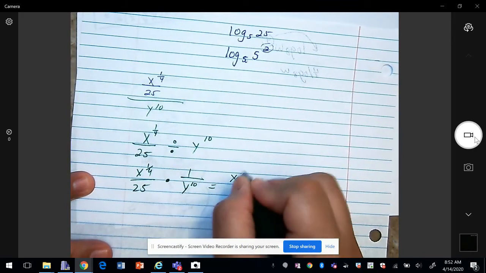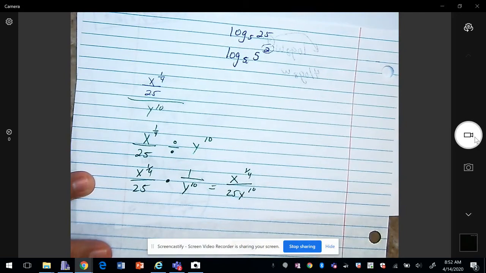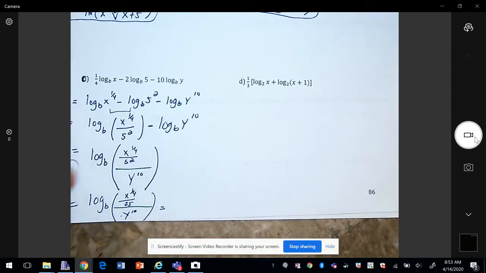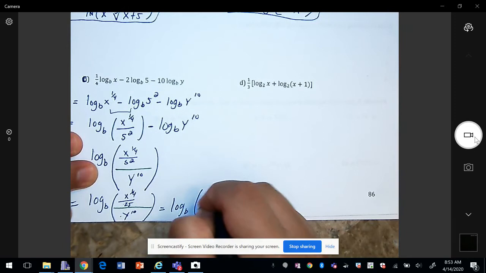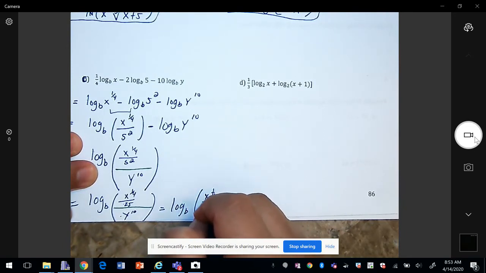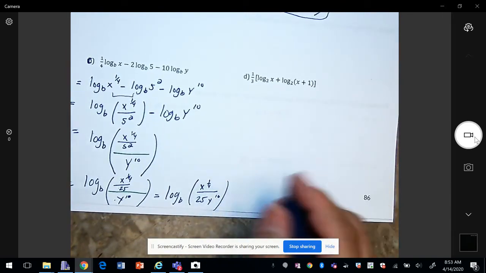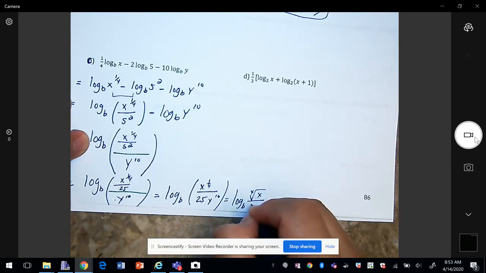And so this would be x to the 1/4 divided by 25y to the 10th power. So my final answer here would be log b of x to the 1/4 divided by 25y to the 10th power. And actually that x to the 1/4 can be written as a root, so this would be log b of the 4th root of x divided by 25y to the 10th power.